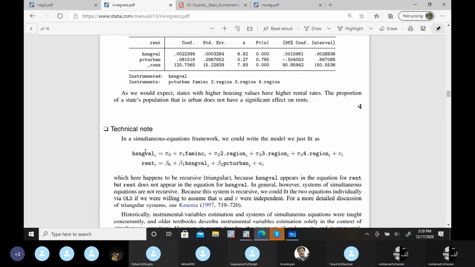But when we estimate housing value, there is no reason to believe there is a relation with this UI residual term of the second model, because rent is not at all included in this particular model. So it's a triangular, recursive model case. So we can simply apply the OLS method. At least I think there are no excluded variables.